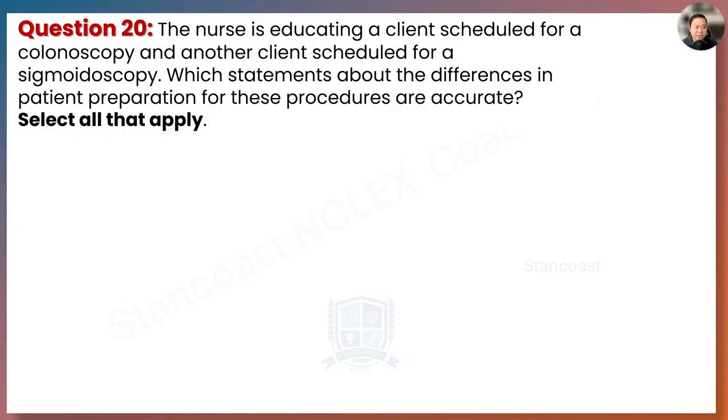20. The nurse is educating a client scheduled for a colonoscopy and another client scheduled for a sigmoidoscopy. Which statements about the differences in patient preparation for these procedures are accurate? Select all that apply.